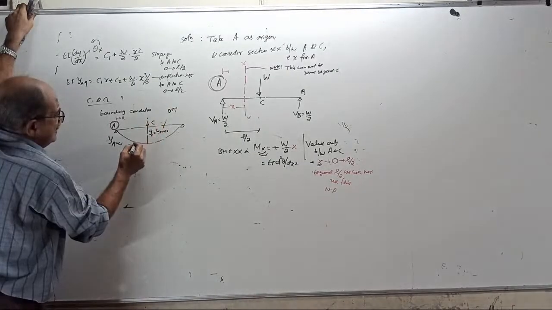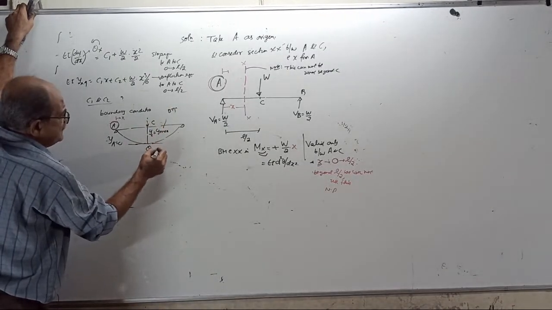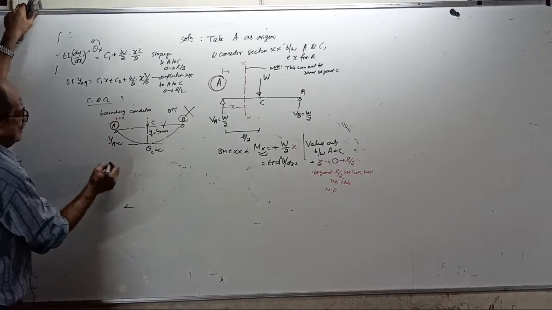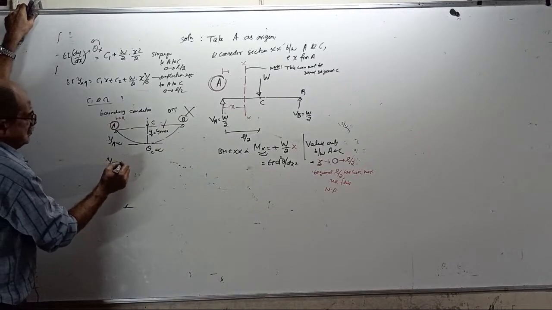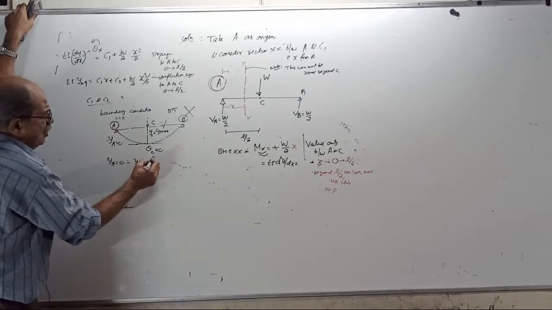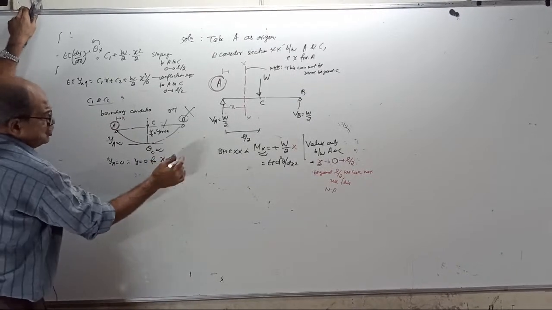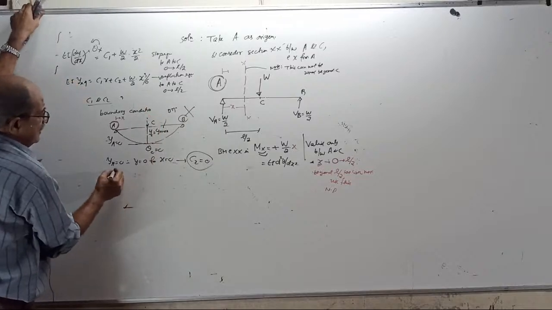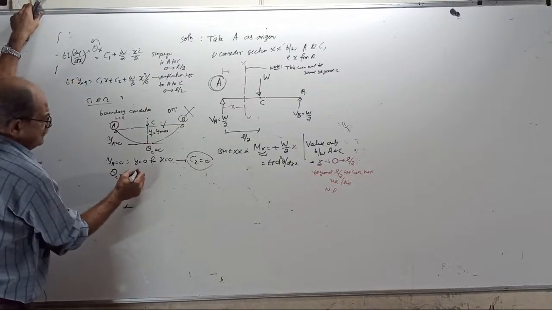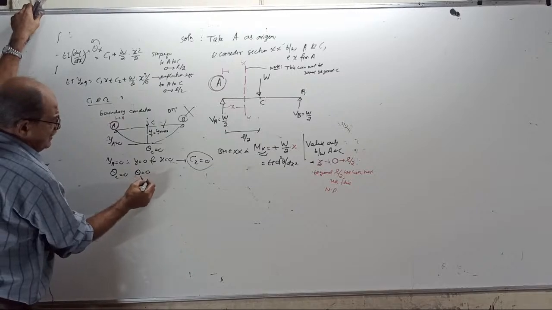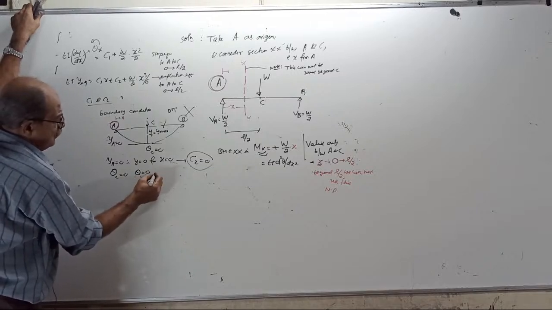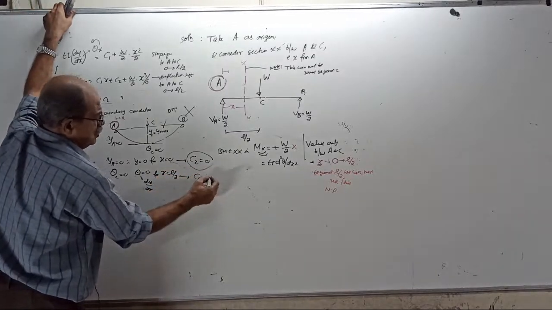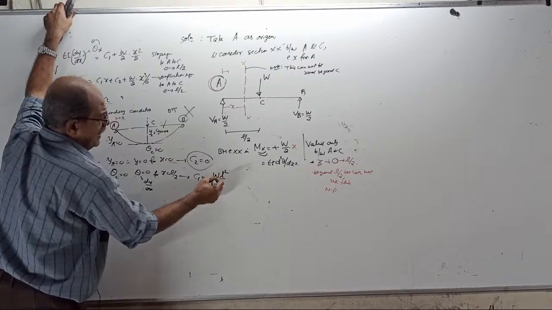Therefore, this is C. Slope at C, theta C is 0. B property we cannot use. Start. YA is 0. That is, Y becomes 0 for x equal to 0. You solve it. You will get C2 equal to 0. Then, theta C is 0. Theta means dy by dx. For x equal to L by 2, you will get C1 equal to minus WL square by 16.